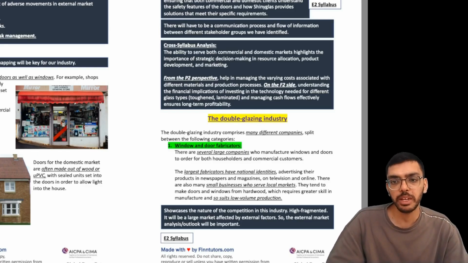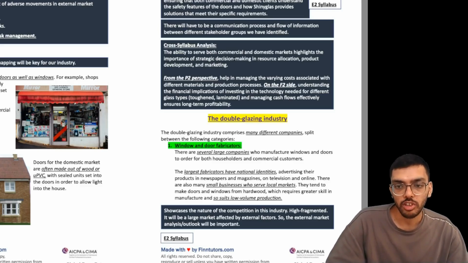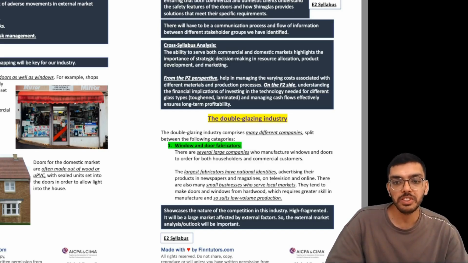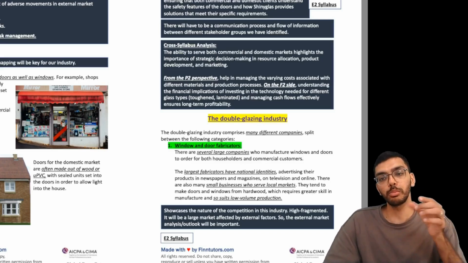The largest fabricators have national identities, advertising their products in newspapers, magazines, television, and online. There are also many small businesses who serve local markets. They tend to make doors and windows from hardwood, which requires greater skill but low volume production.